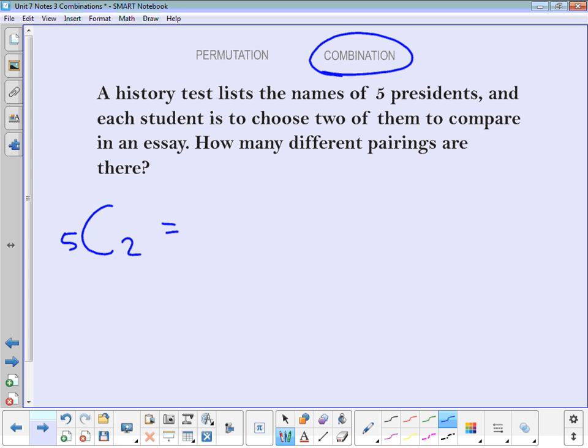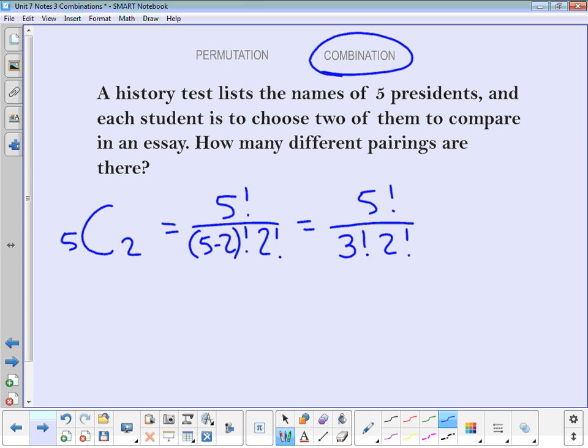So this is going to be 5 factorial over 5 minus 2 factorial. Don't forget that extra 2 factorial in the bottom because now we're looking at combinations. That's the same thing as 5 factorial over 3 factorial times 2 factorial. And if I write all that out, that's 5 times 4 times 3 times 2 times 1 over 3 times 2 times 1 times that extra 2 and 1.